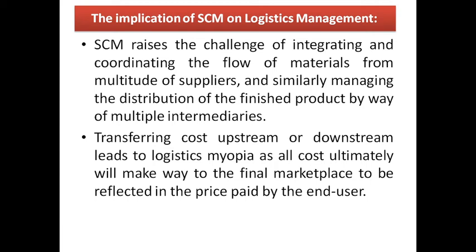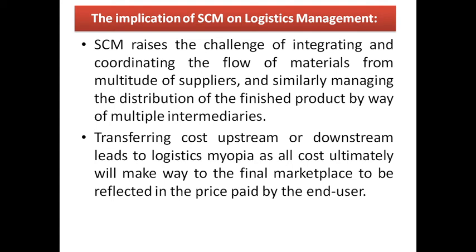Now you need to understand the implication of supply chain management on logistics management. Supply chain management raises the challenge of integrating and coordinating the flow of materials from a multitude of suppliers, and similarly managing the distribution of the finished product by way of multiple intermediaries.